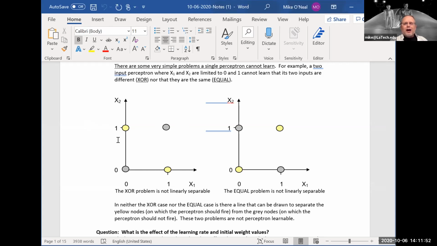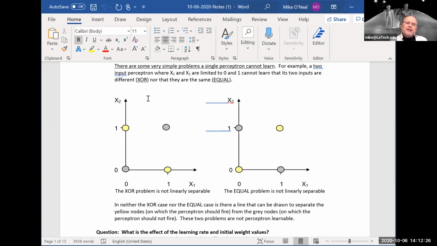So there is no line that you can draw to separate the two input pairs that need to be on from the two input pairs that need to be off. 0, 0 needs to be off. 1, 1 needs to be off. 1, 0 needs to be on. 0, 1 needs to be on. There's no way you can learn an XOR. And so that's bad.